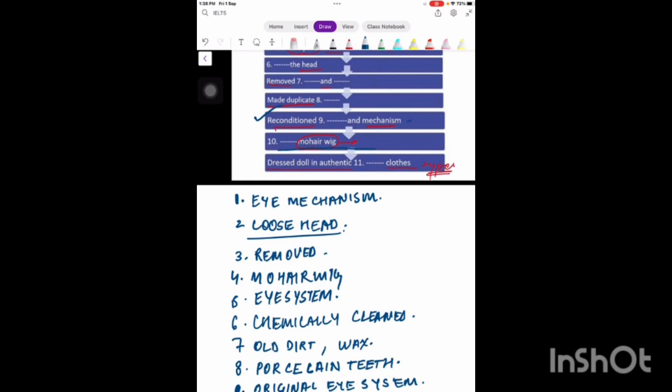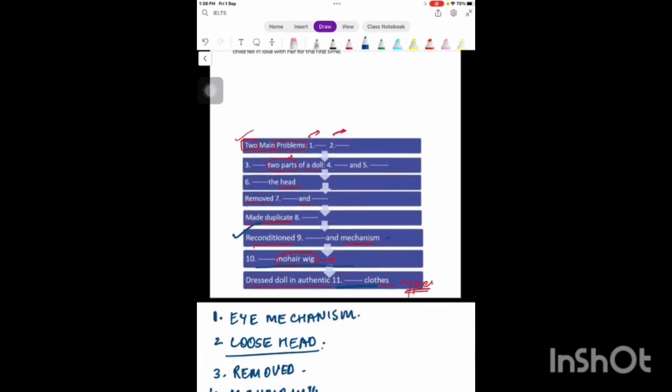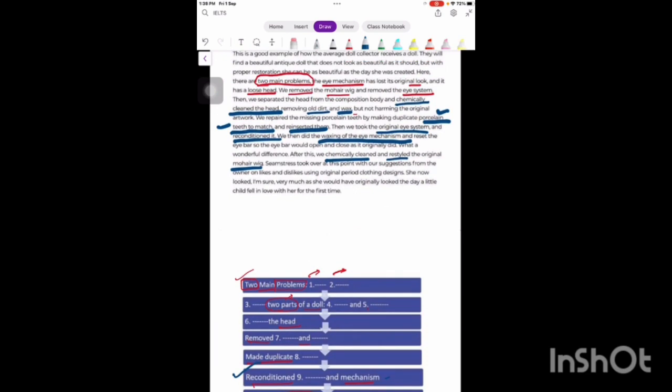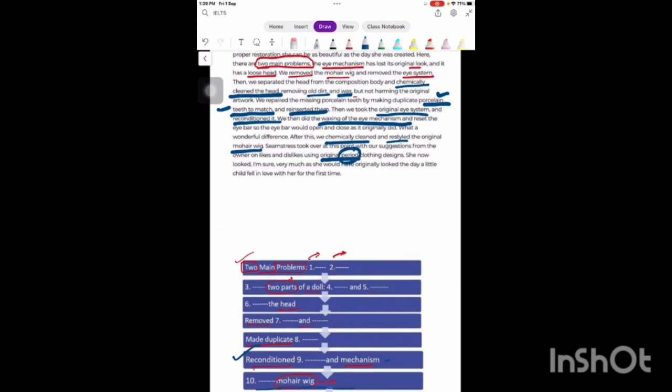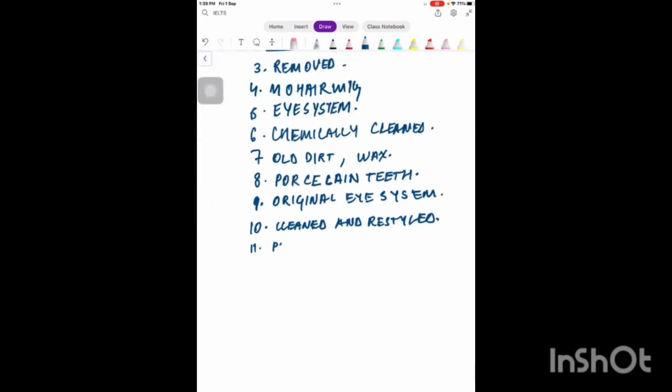Then they said, dress the doll in authentic clothes. Original period, but here you'll use the word original. Original is paraphrased as authentic, so we'll use the words period clothes. Original period clothes. And here is your answer.